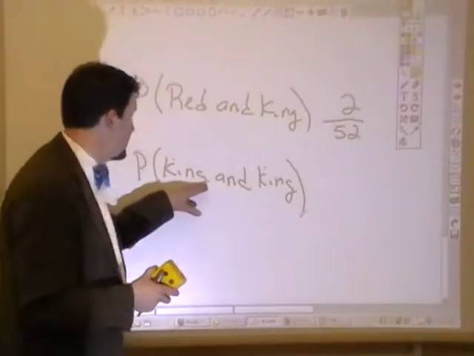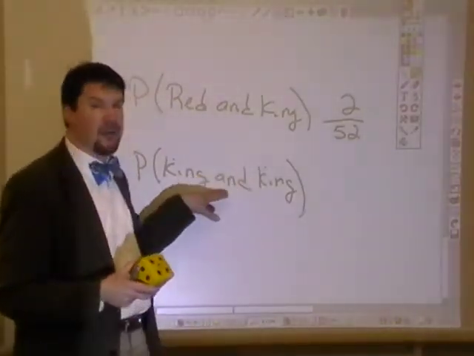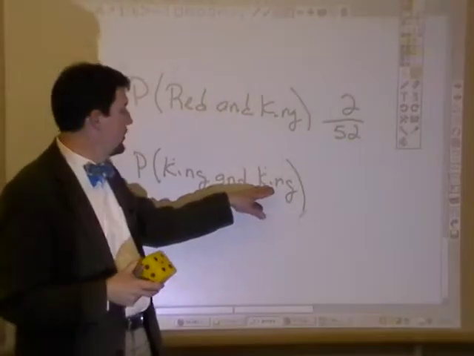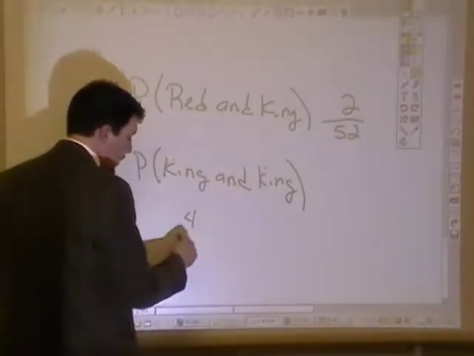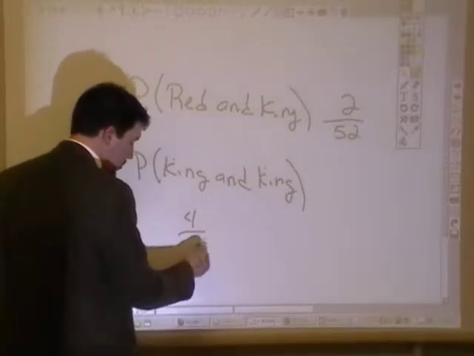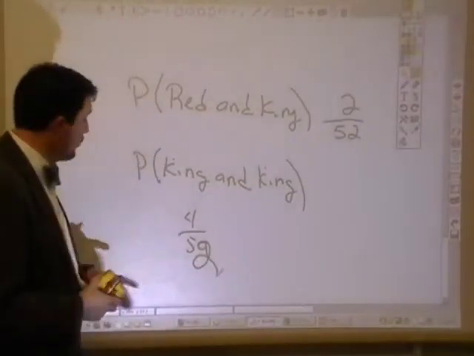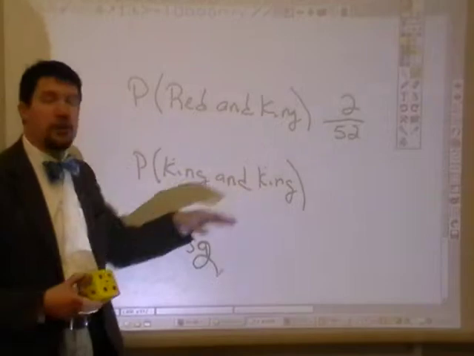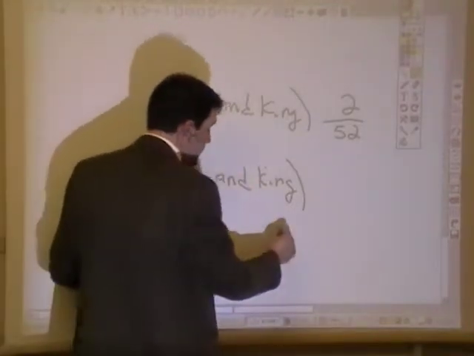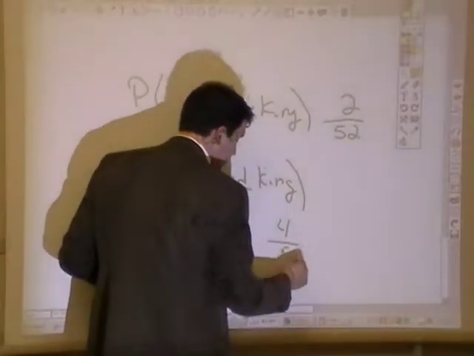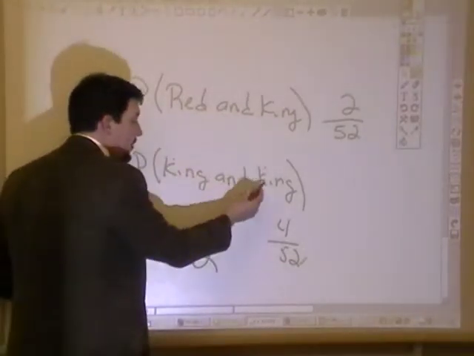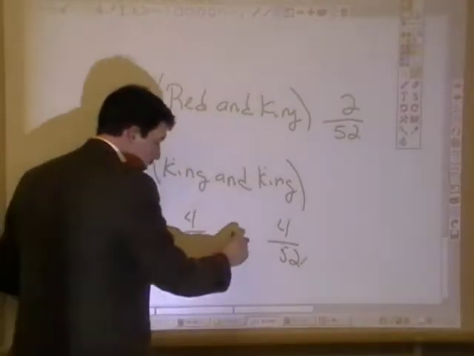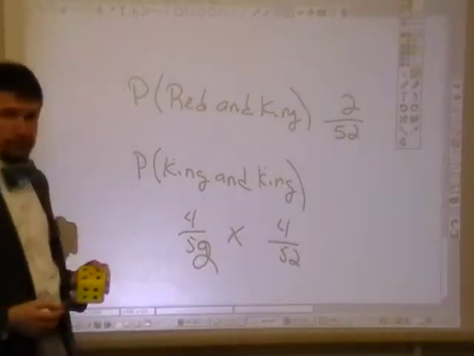Now this situation here, if these are independent, meaning that I've done it with replacement, the probability of getting a king is 4 out of 52, and then the probability of me getting a king, assuming that they're independent, is 4 out of 52. And if I want to find the probability that this event happens and then this event happens, and is going to mean multiply.